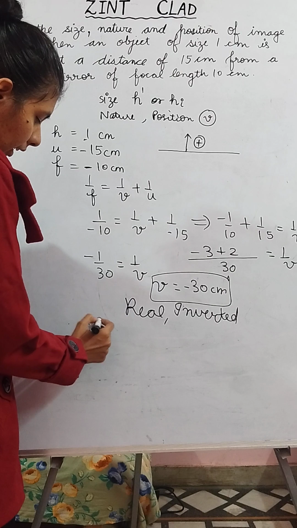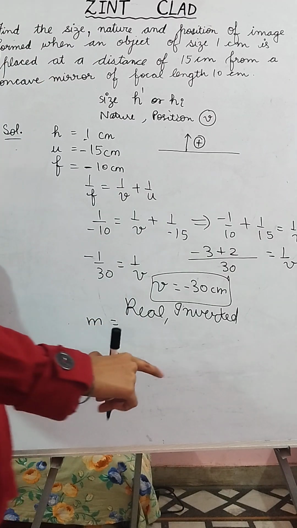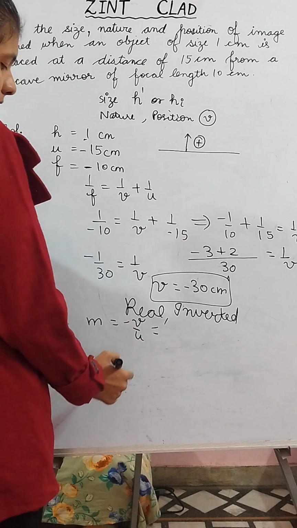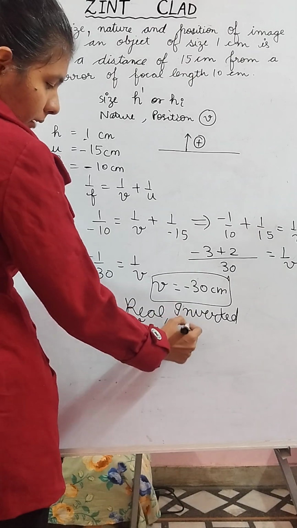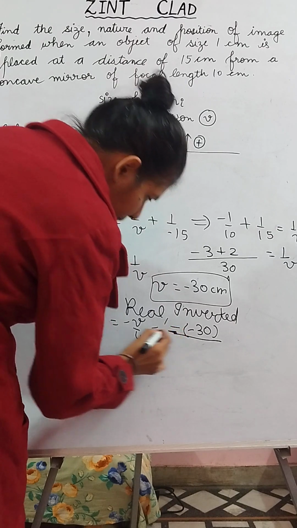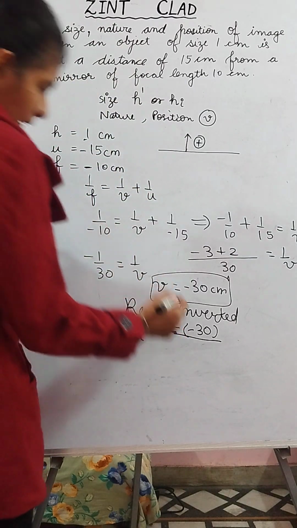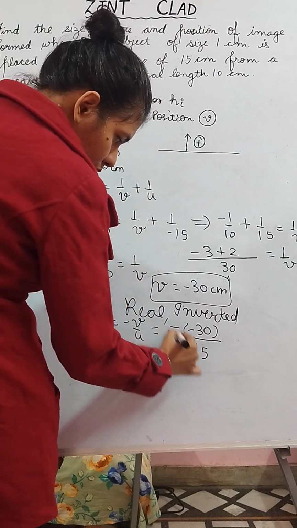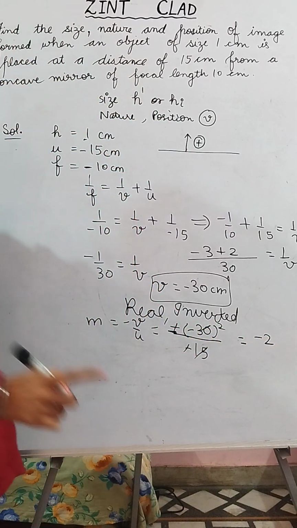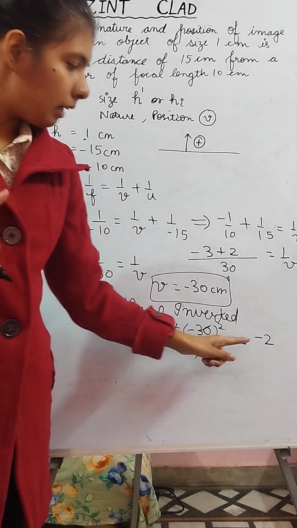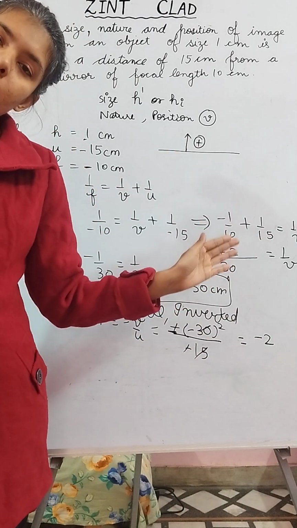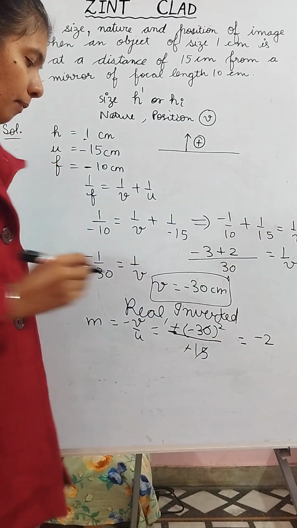Now we know this thing, magnification's formula for the mirrors is minus V upon U. And minus of V is again minus 30, another negative sign, and U is minus 15. So our final answer would be minus 2. You need to keep one thing in mind, that minus 2, minus is having different meaning, 2 is having different meaning.